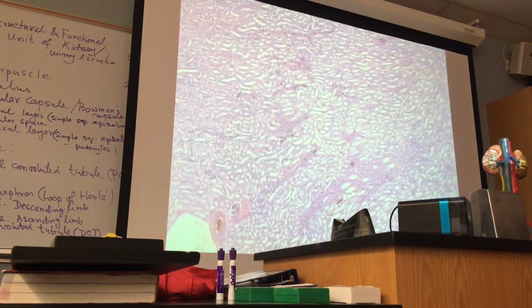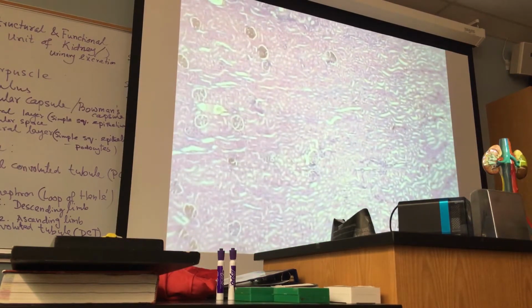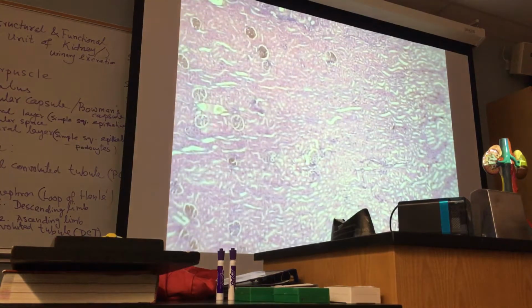Inside the medulla, you can see only the renal tubules, kidney tubules, that are made of simple cuboidal epithelium. These glomeruli are present only in the cortex.